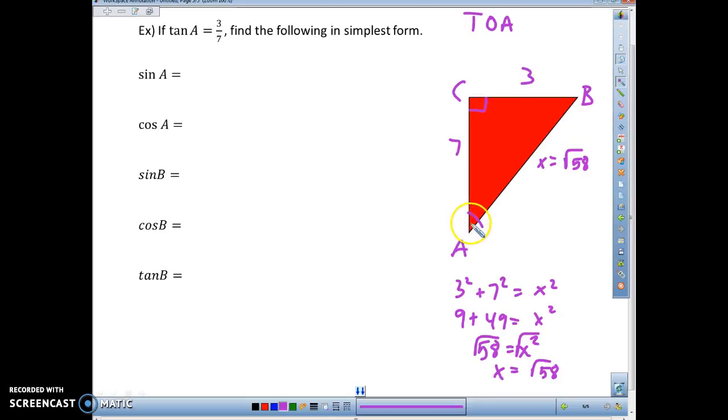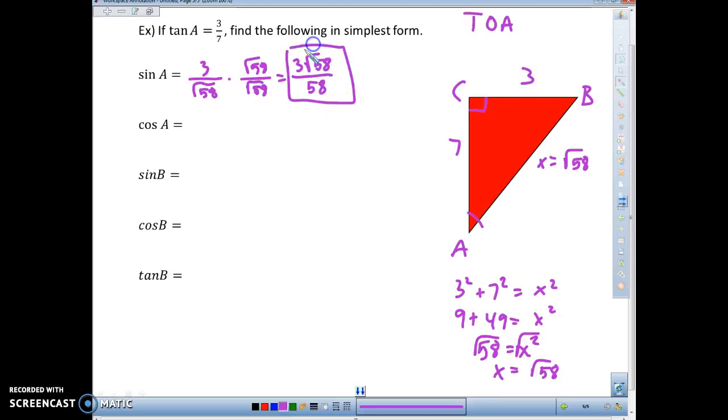So sine of A, opposite over hypotenuse, 3 over radical 58. Can't have a radical in the denominator. Otherwise, Pythagoras might come after us. So we multiply by root 58, top and bottom, and I get 3 root 58 over 58.